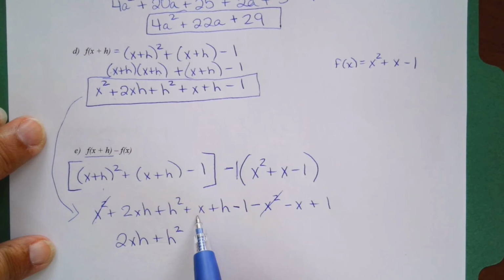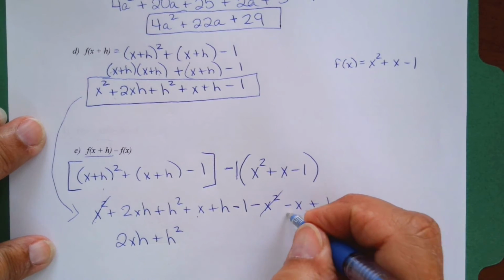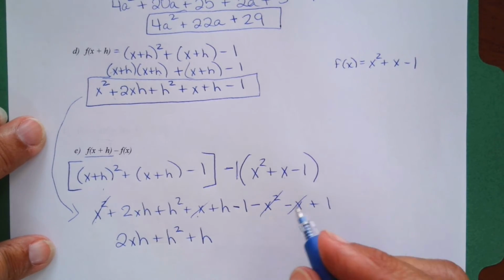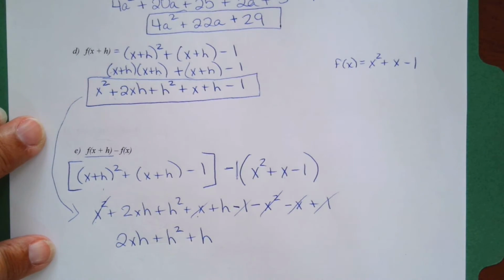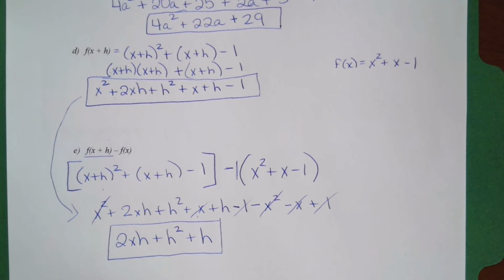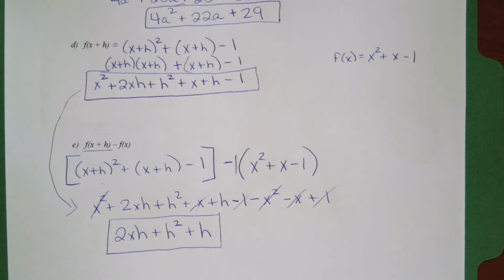Now I have a positive x here and a negative x here. That's 0. Those are your like terms. H, I don't see another h term. And then you have a negative 1 and a positive 1, which is also 0. So that's what you're left with. And that would be the final evaluating answer that you would have.